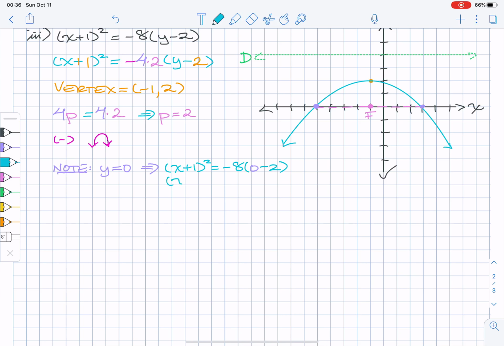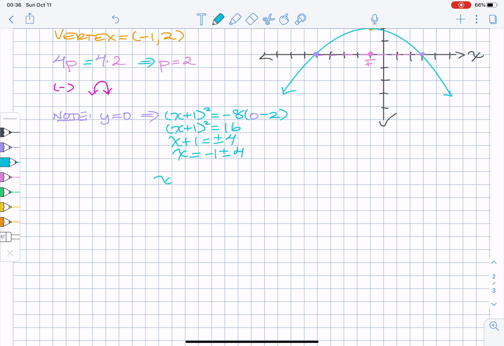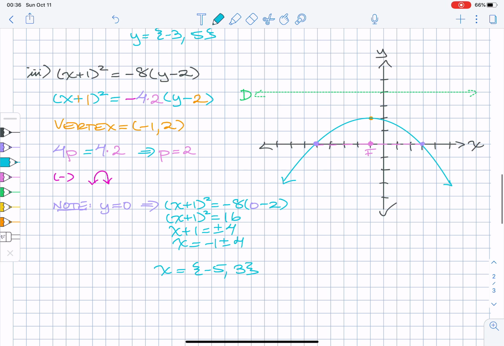So we get (x plus 1) squared is positive 16. So x plus 1 is plus or minus 4, which means that x is negative 1 plus or minus 4. That gives us an x value of either negative 5 or positive 3. So we had negative 5 here and positive 3.